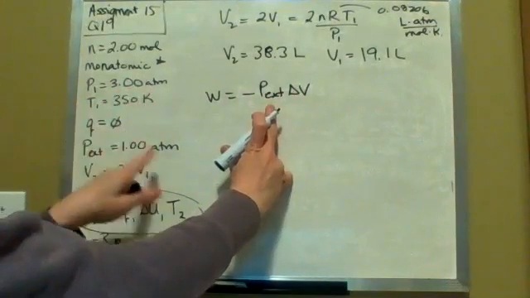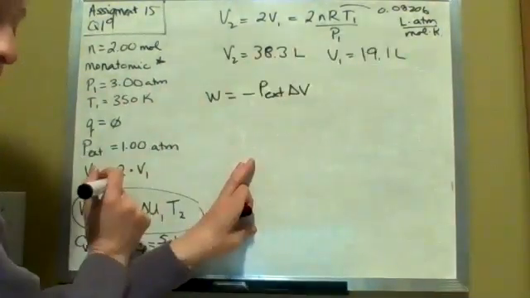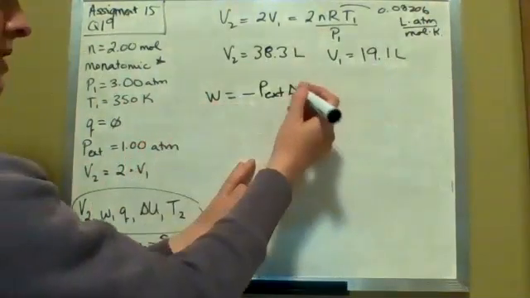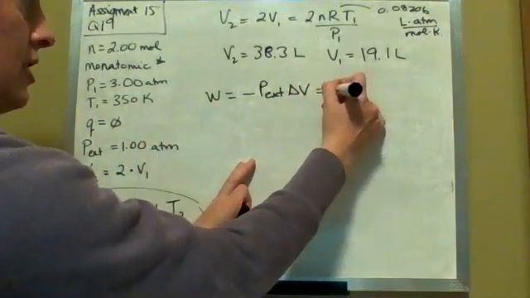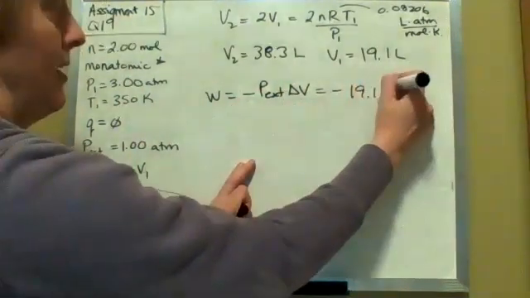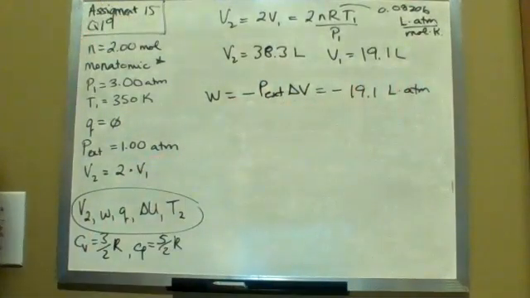We have external is 1 atmosphere. Our delta V is going to be 19.1 or 19.15. And in the end, out of that, you're going to end up with minus 19.1 liter atmospheres, not joules. I kind of talked about this a little bit in question 17.